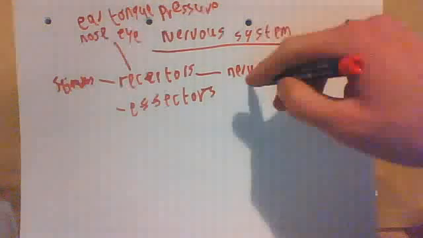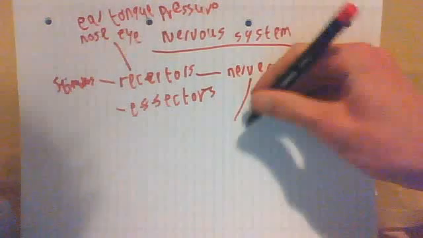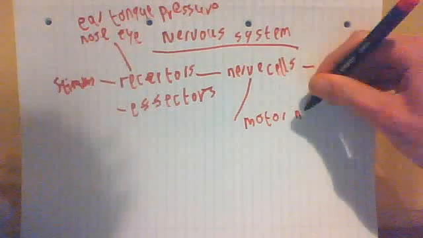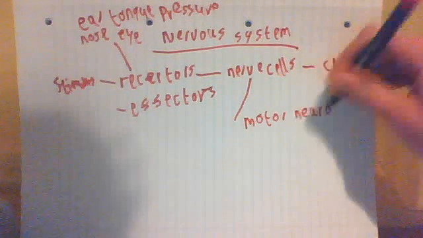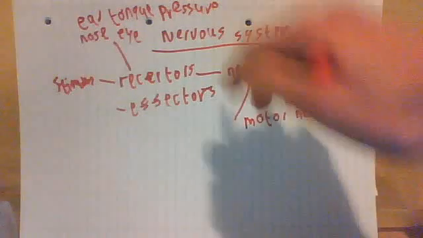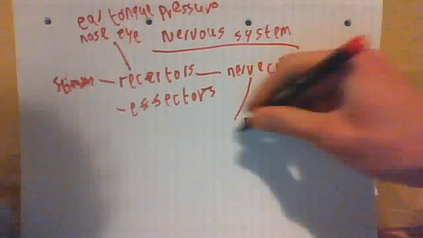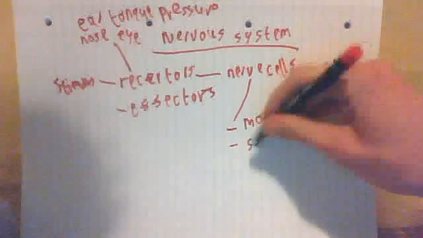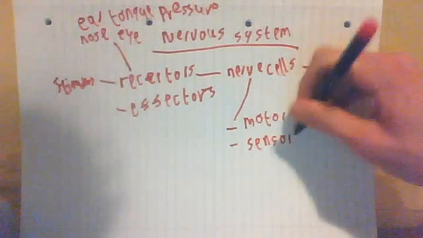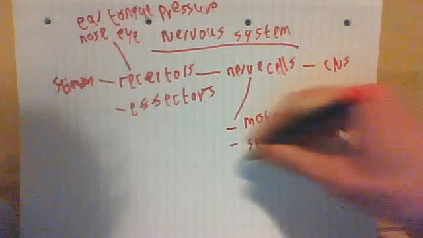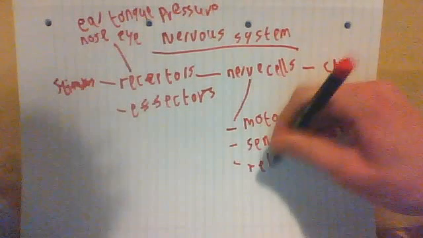Nerve cells, you need to know examples of these. So one is motor neurone. Right, now I forgot to mention that the general term for nerve cells is neurone. So you get motor neurons, you get sensory neurons, and you can have relay neurons as well.